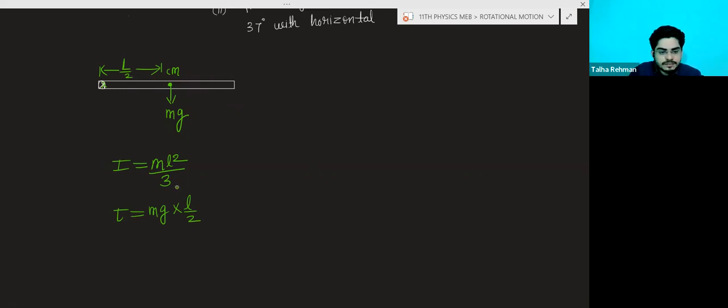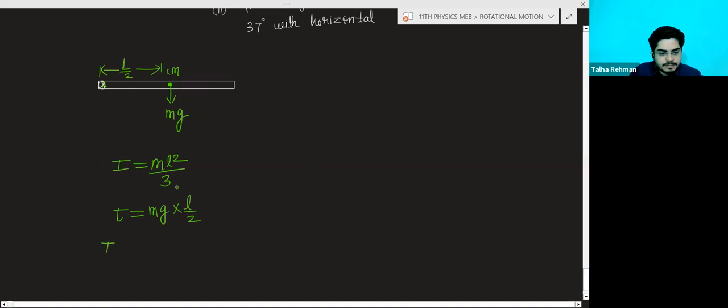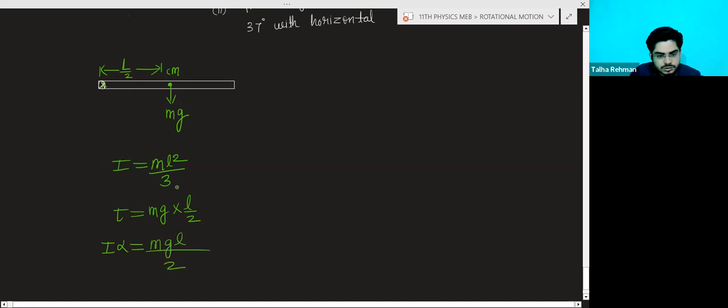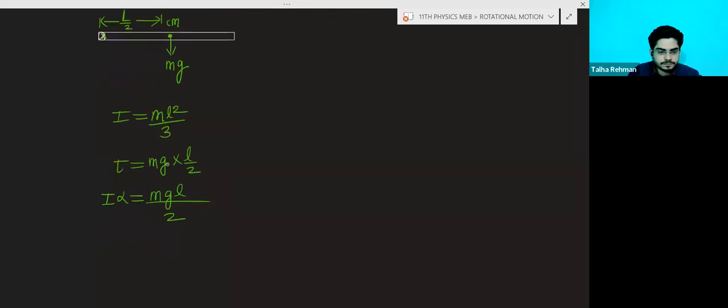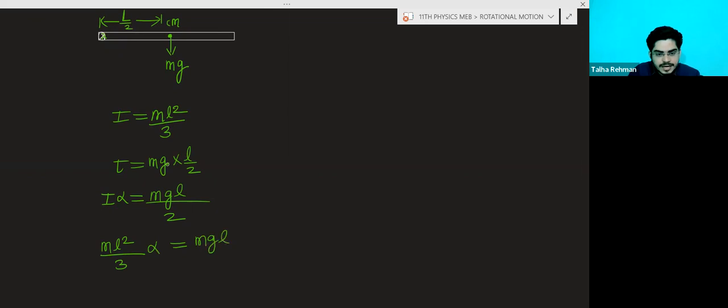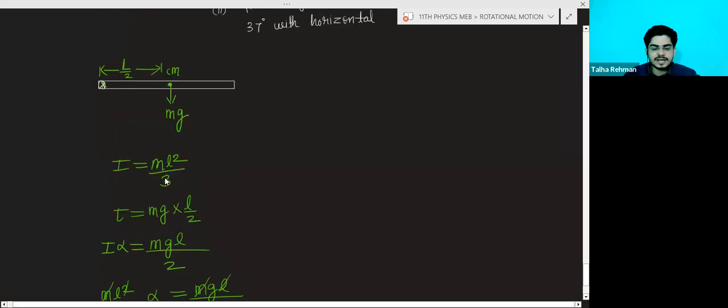Now this torque is given by moment of inertia multiplied by the angular acceleration. This is equal to mg L by 2. The moment of inertia about this axis is mL square by 3. So mL square divided by 3 into alpha is equal to mgL divided by 2. Now m and m will be cancelled out, and L cancels with this L here.